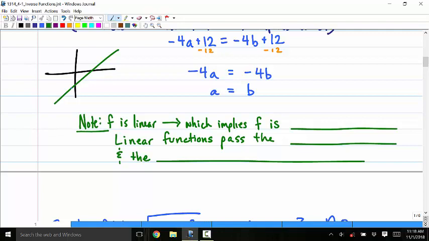Increasing or decreasing? That one's always increasing. This one would be always decreasing, right? Okay, as long as you don't have a horizontal line. If f is linear, f will be one-to-one.